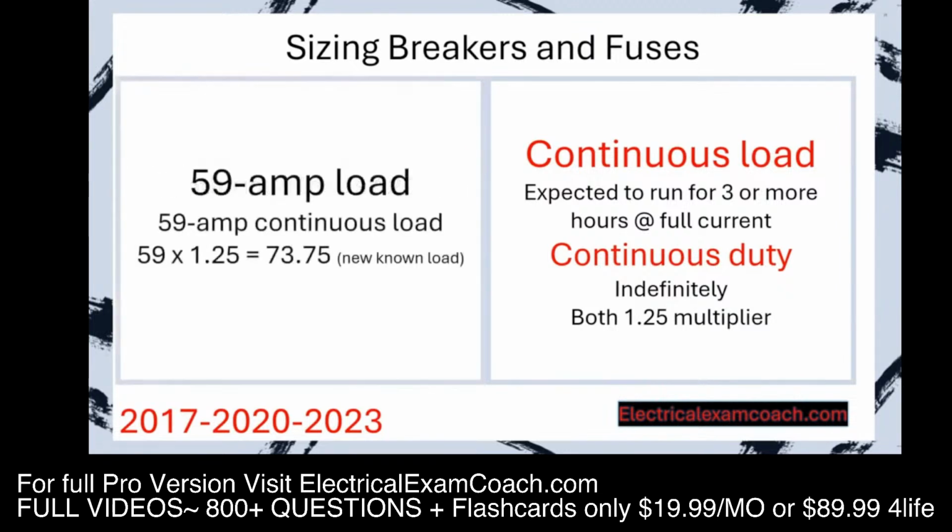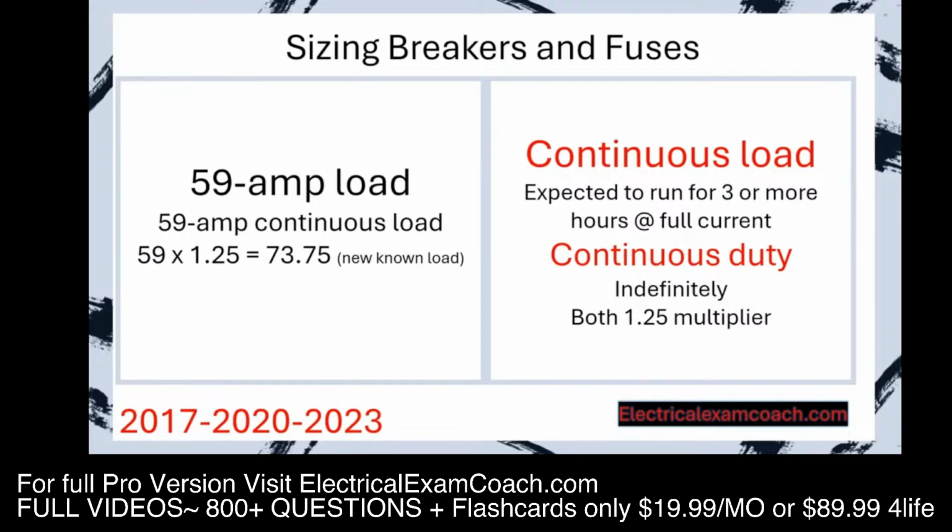Let's do an example. Let's take our 59 amp known load from before, and let's imagine that it was told to us that it's a 59 amp continuous load. What we would do is we would take our 59 amps, multiply it by 1.25, then we have a new known load of 73.75.